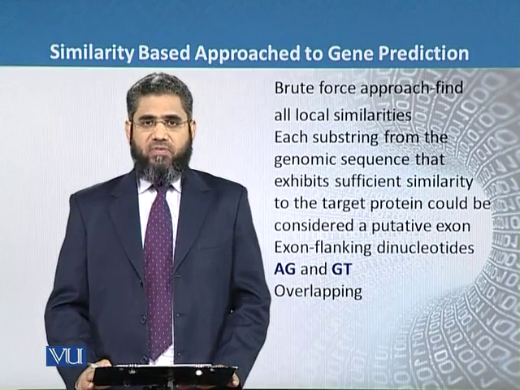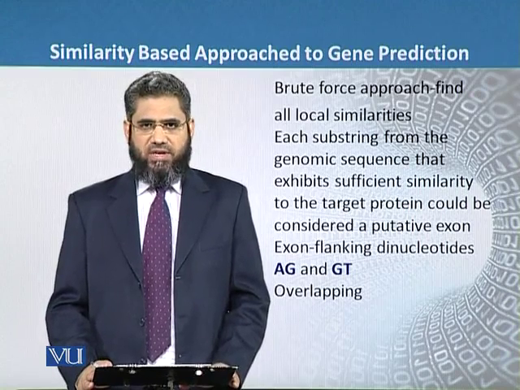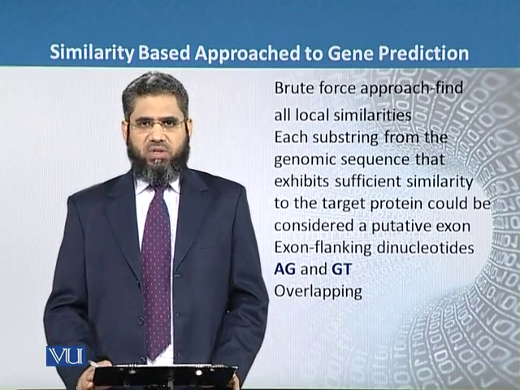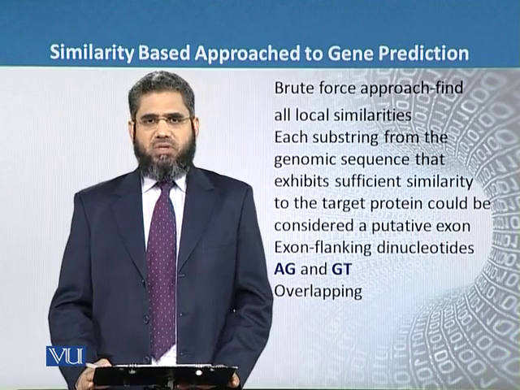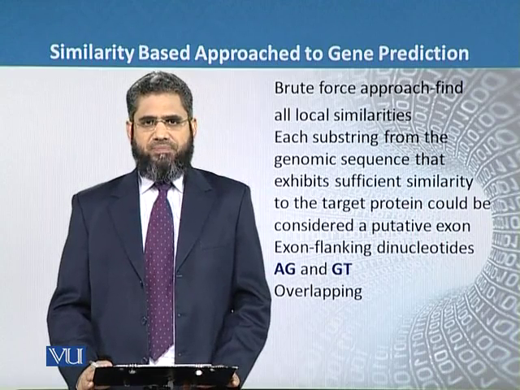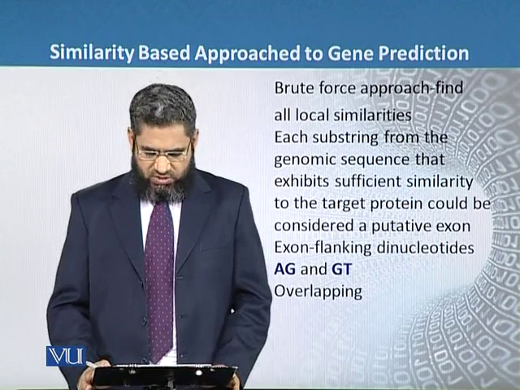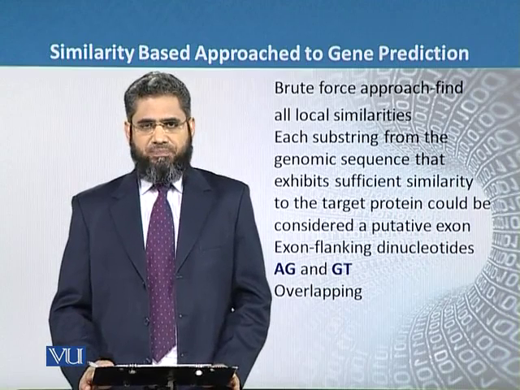The putative exon that was identified by using the brute force technique, and by identifying the substrings on the basis of local similarities, might not contain the flanking regions that differentiate between the introns and the exons. These flanking regions are AG and GT.